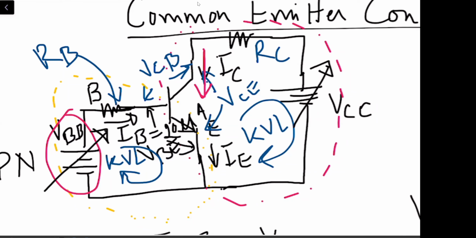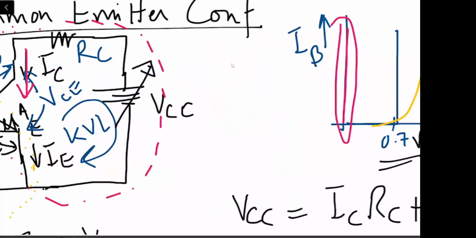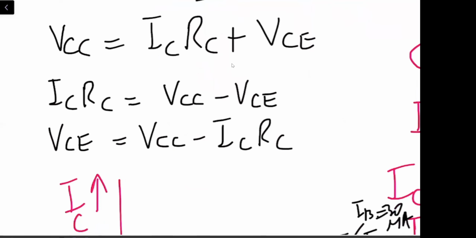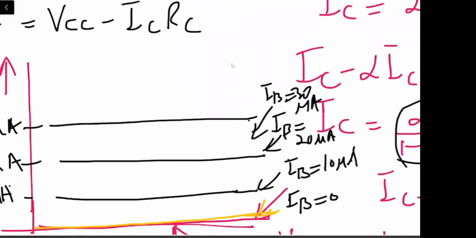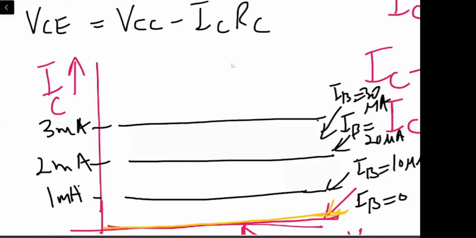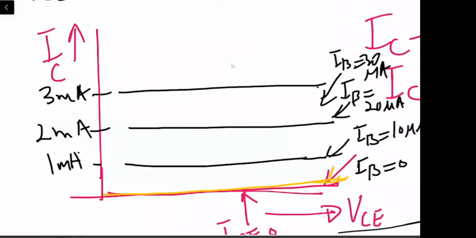So if you are varying this collector to emitter voltage, what is happening over here is, let's suppose you are reducing this value and we are at IB equal to 30 microamperes, which means correspondingly IC is 3 milliamperes, right?